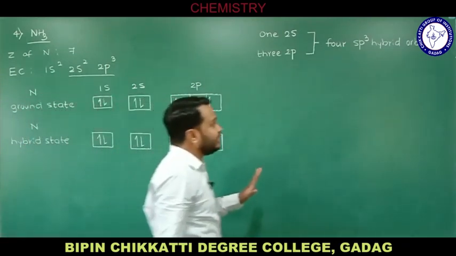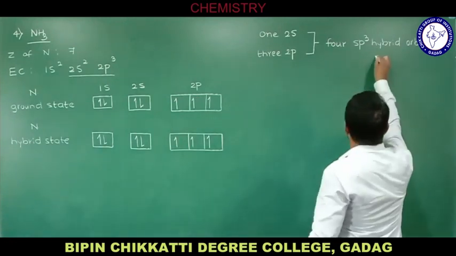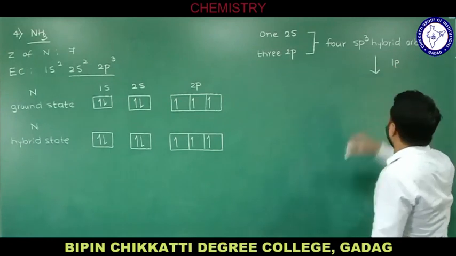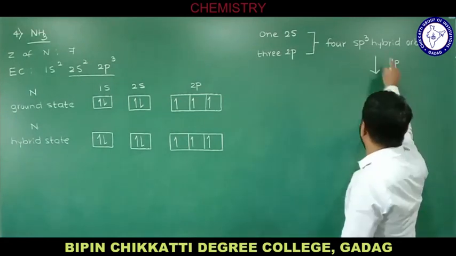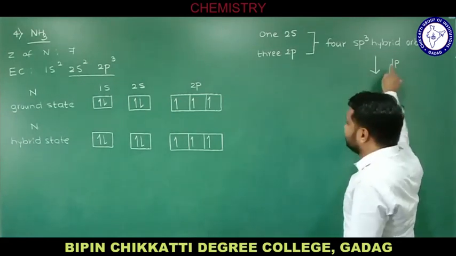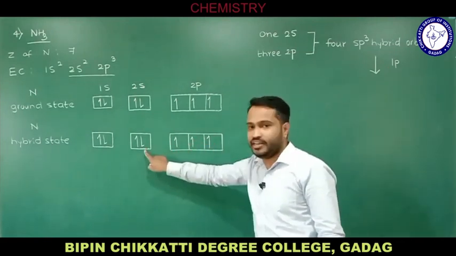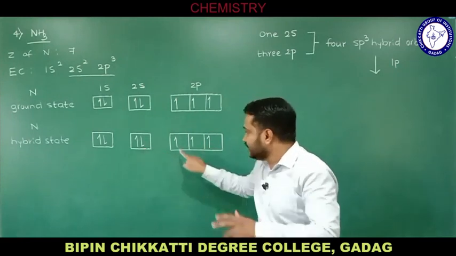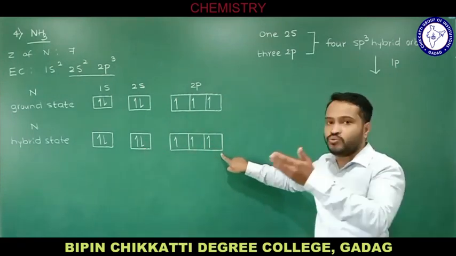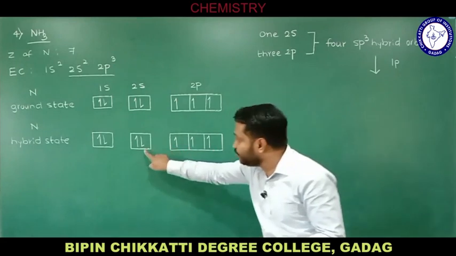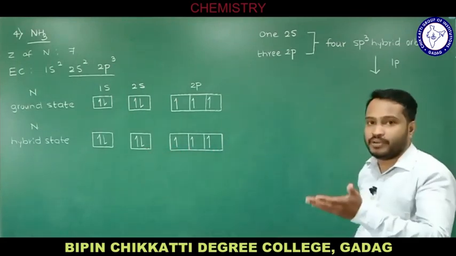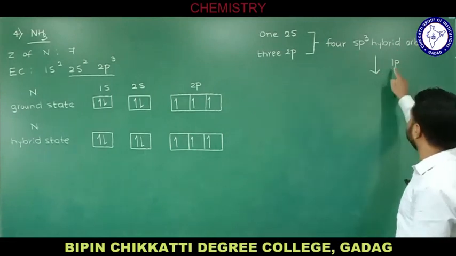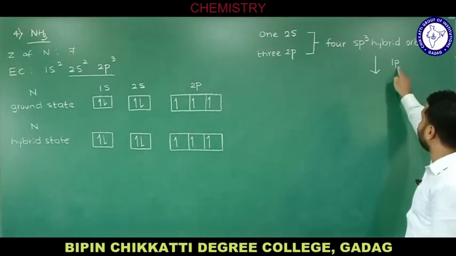So one hybrid orbital is going to contain the lone pair of electrons, which means it is not going to be involved in bonding with hydrogen. These 3 are the electrons which are going to be involved with hydrogen. Therefore this will be the lone pair and these are the bond pairs. So out of 4 sp3 hybrid orbitals, 1 hybrid orbital contains a lone pair of electrons.